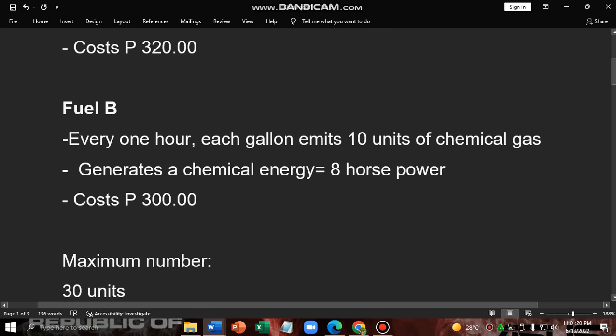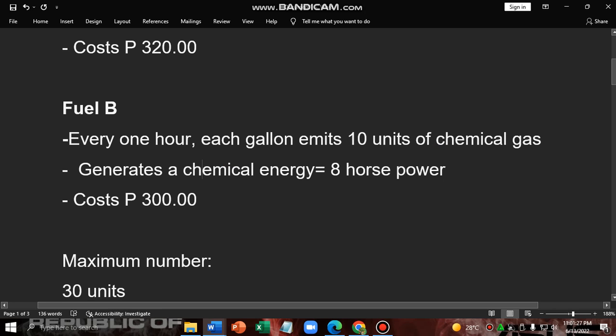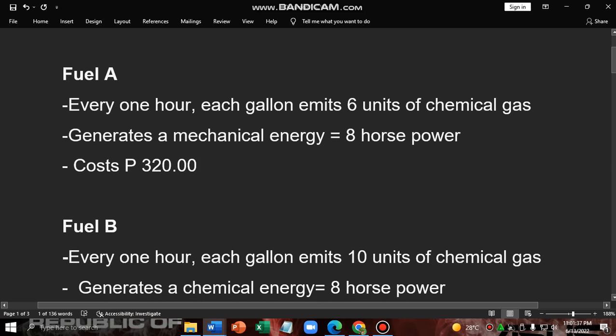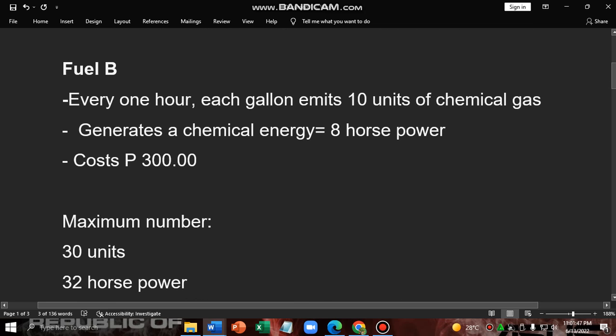For fuel B, every 1 hour, each gallon emits 10 units of chemical gas, generates energy equivalent to 8 horsepower, and costs 300 pesos. So take note of their differences: fuel A has 6 units of chemical gas, 8 horsepower, and a cost of 320 pesos. Fuel B has 10 units of chemical gas, 8 horsepower, and a cost of 300 pesos.